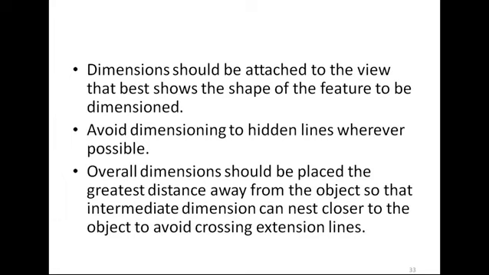Then, overall dimensions should be placed the greatest distance away from the object, so that intermediate dimensions can nest closer to the object to avoid crossing extension lines. As we discussed, and as I have shown you in the image, whatever number of dimensions you want to show in your drawing must have proper distance between the dimension lines, and you are always required to keep sufficient distance of extension lines.